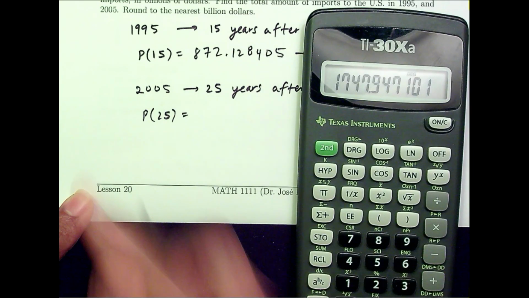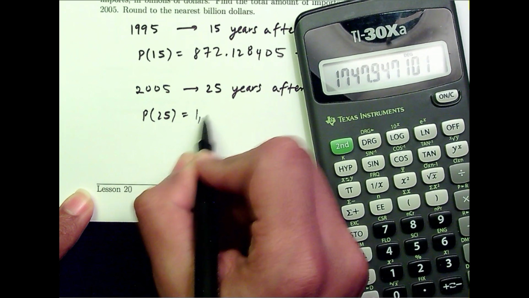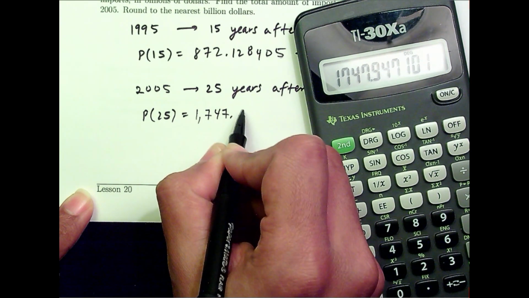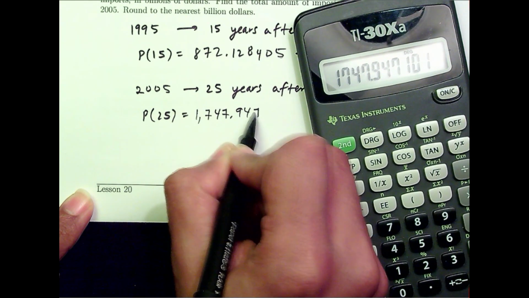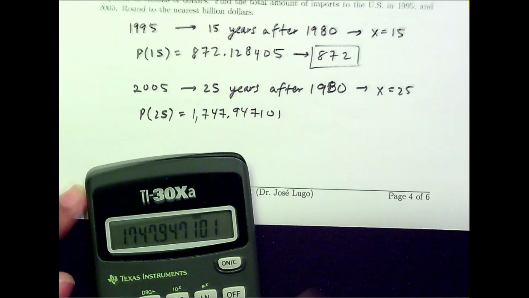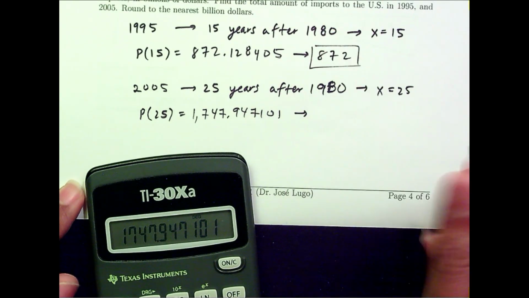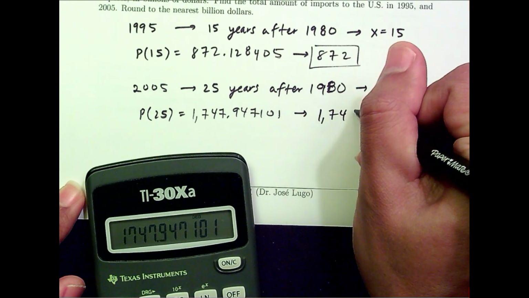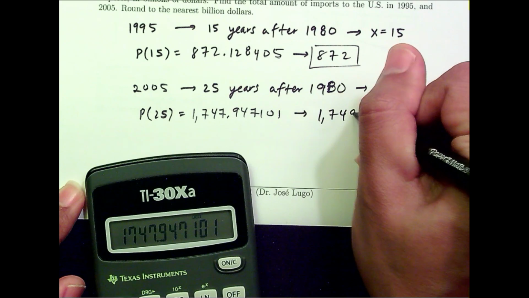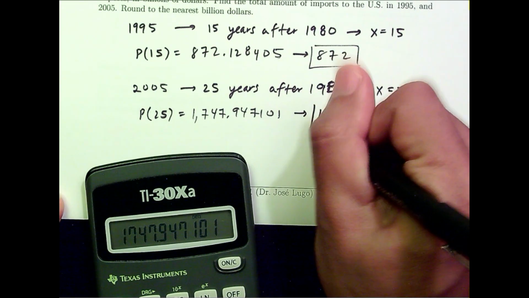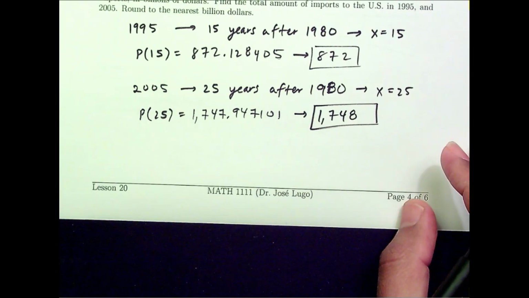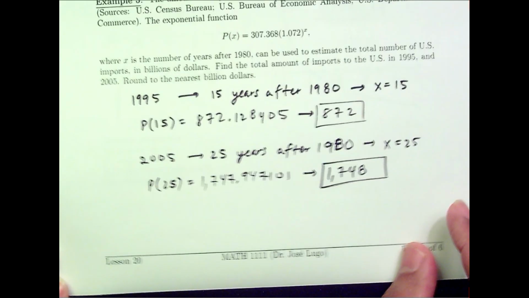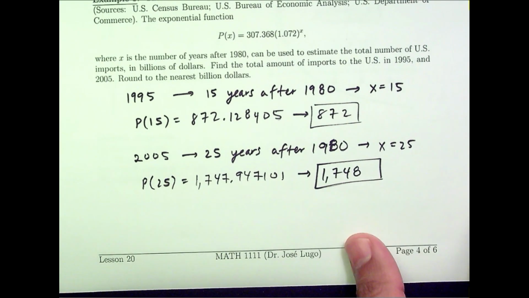We got 1,747.947101, and then rounded to the nearest whole number, we're going to say 1,748. Okay, that completes that problem.